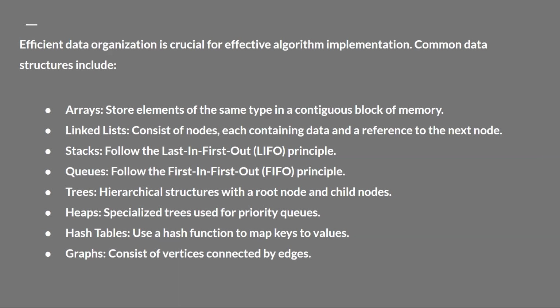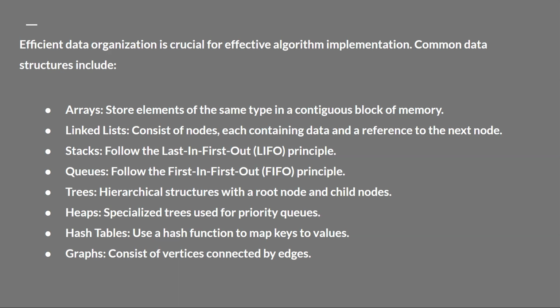An efficient data organization is crucial for effective algorithm implementation, and common data structures include arrays. An array stores elements of the same type in a contiguous block of memory.